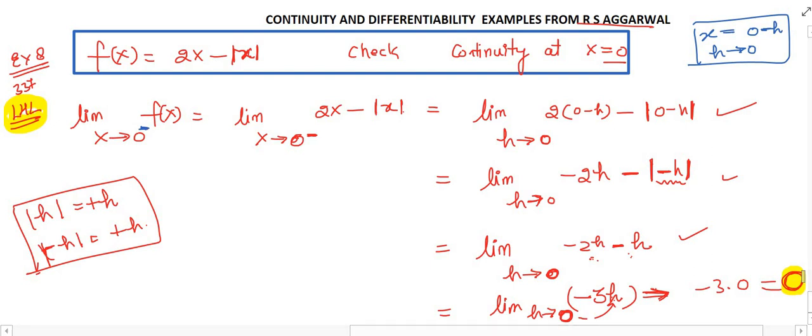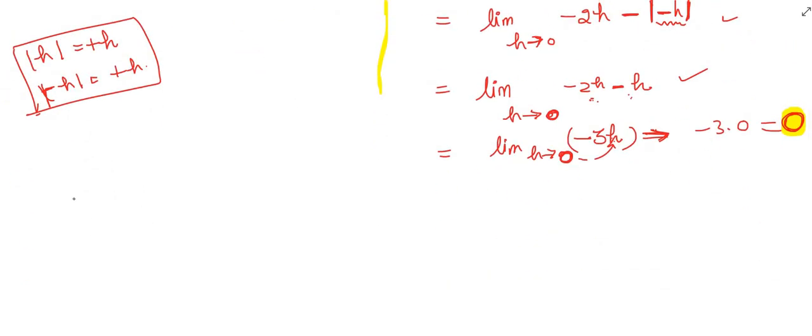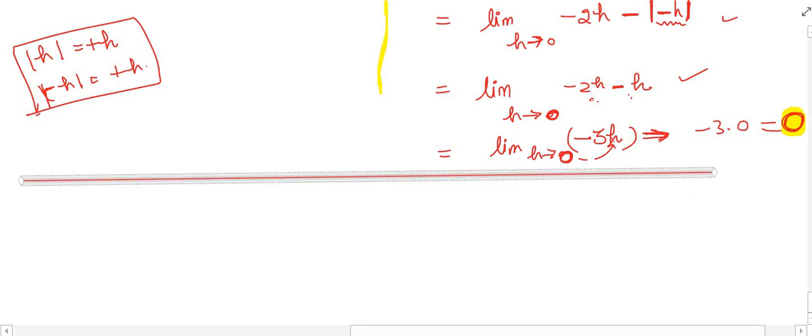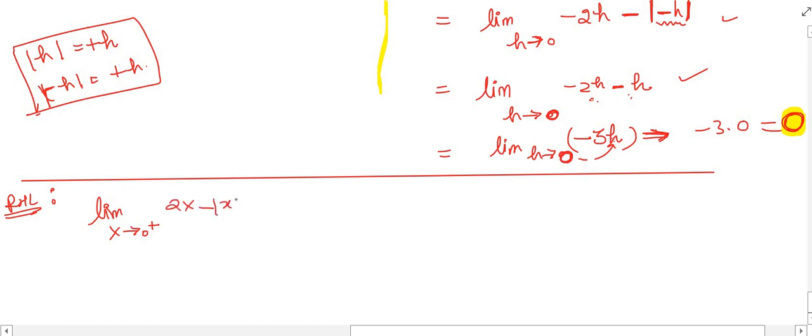I hope you understood. Now we will check for RHL. Same question for RHL. You can try before watching it. Let me do it for you. For RHL, limit x tending to 0 plus f(x). So what is f(x)? Is this?